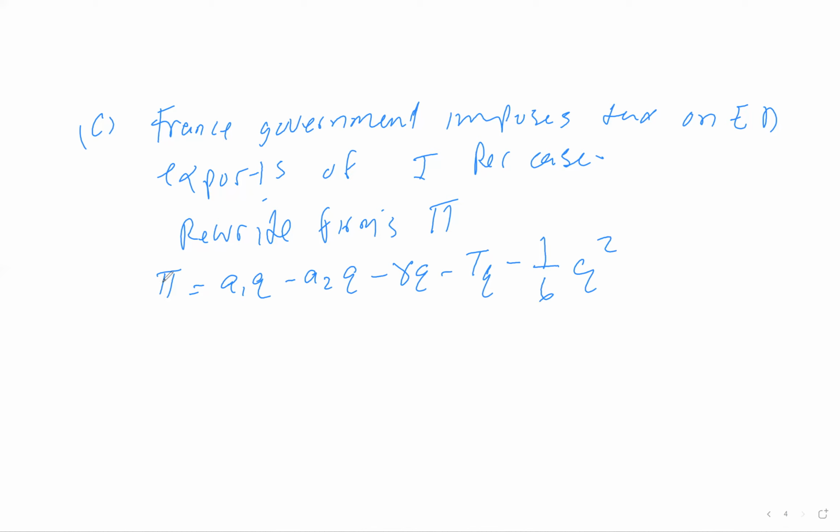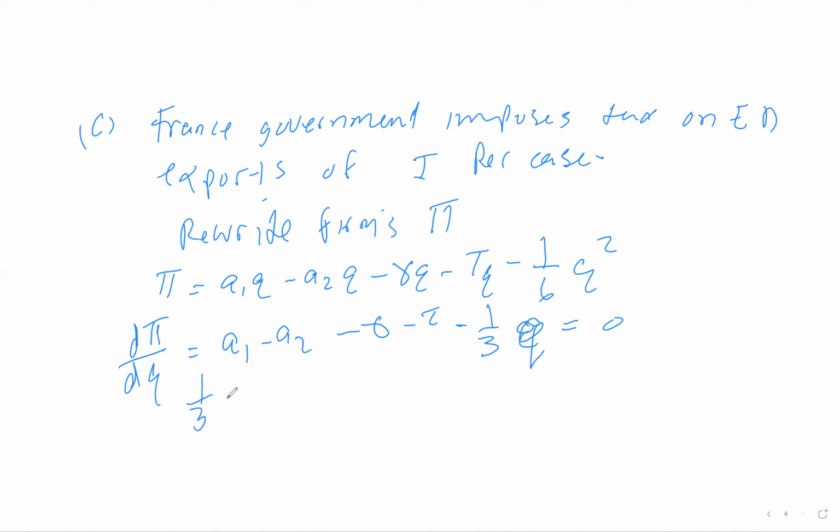So now take the derivative of this with respect to Q. The derivative of the profit function with respect to Q will be A1 minus A2, because the derivative of A1 times Q is A1, and so it is for A2 times Q. And here is minus gamma, and tau is only tau, and this will be minus 1/3 Q. So we set this equal to 0.